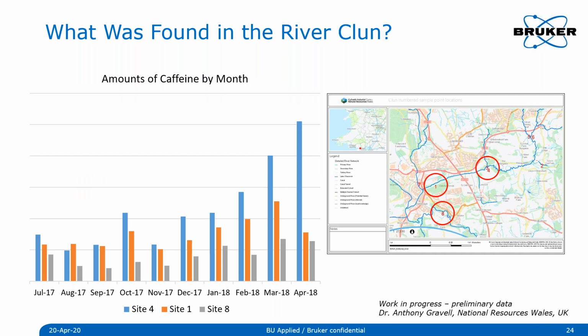Another interesting example is the distribution of caffeine in the river water by months. Firstly, we can see that its abundance is highest right after the local wastewater treatment plant. It is in the sample collection site number 4, shown in blue. Abundance of caffeine reduces as we go downstream further from the plant.